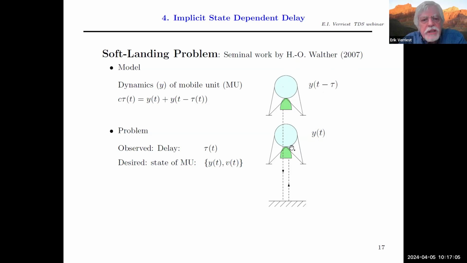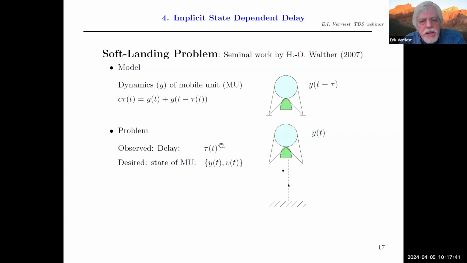But of course, at time t, the submarine is at another position. So what we need for a model is first the dynamical equations for this, which typically would be a simple first or second order model. But then we have the time travel for the wave. If the sonar signal moves at velocity c, then c times tau would be the sum of y(t minus tau) plus y(t). So we have this implicit relation here.